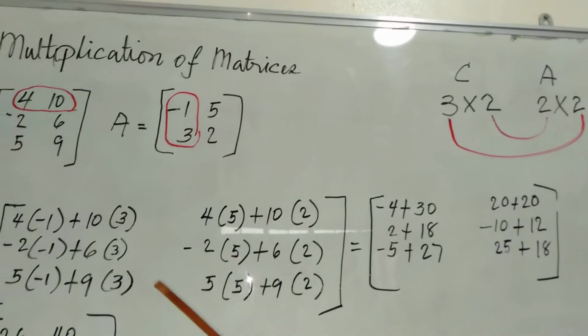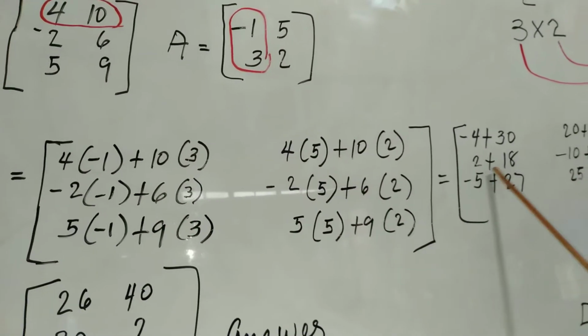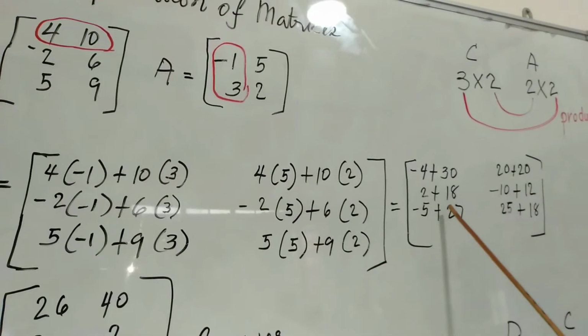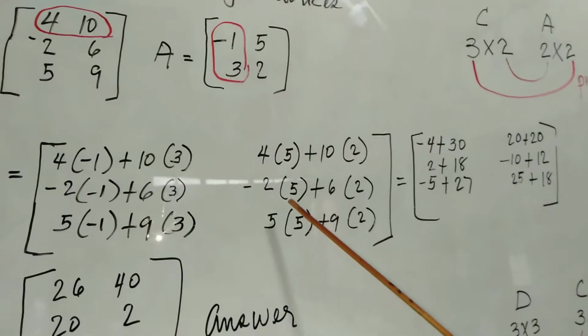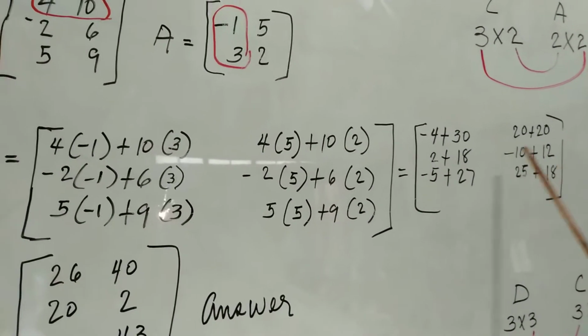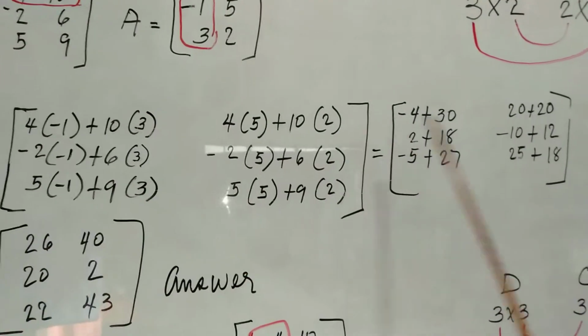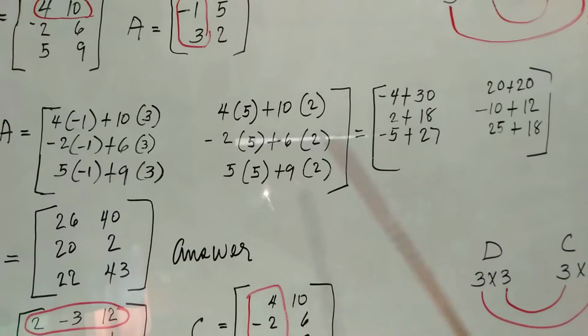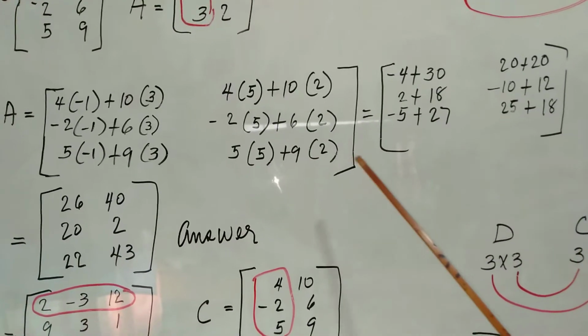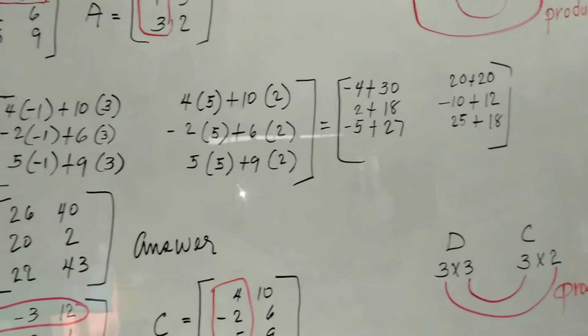For the second row, negative 2 times negative 1 is 2, 6 times 3 is 18, negative 2 times 5 is negative 10, 6 times 2 is 12. 5 times negative 1 is negative 5, 9 times 3 is 27, 5 times 5 is 25, and 9 times 2 is 18. So we combine these terms.